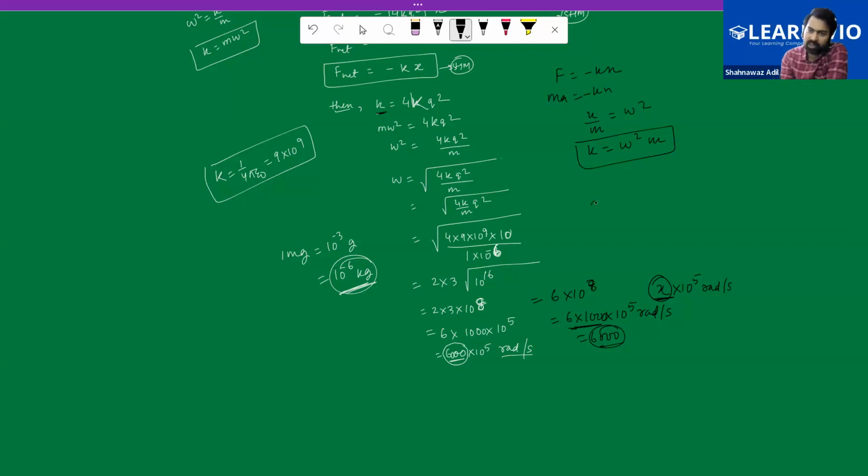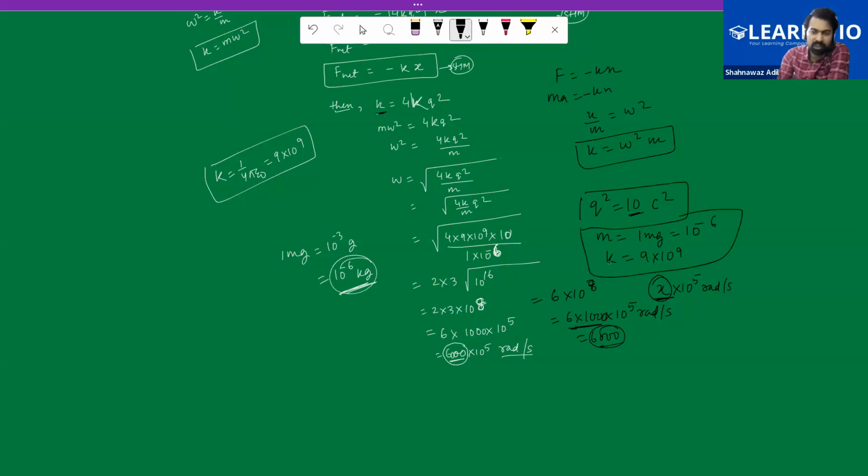So it was given that Q square is 10 Coulomb square. So this is 10. That was 10. And then mass was 1 milligram, which is 10 to the power minus 6. And this K is 9 into 10 to the power. So all these values we get.